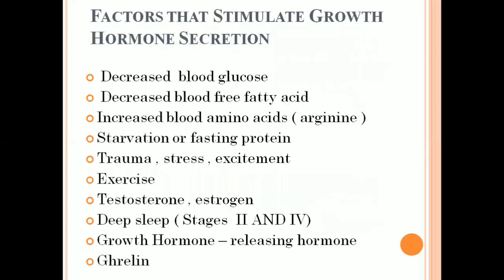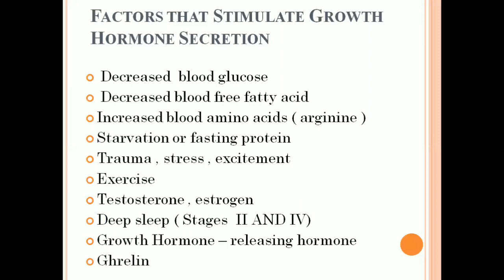Okay, next, the factors that stimulate growth hormone secretion. As I said, growth hormone increases blood glucose level, free fatty acid level, and amino acid level. Decreased levels of these will increase growth hormone secretion, and starvation, fasting, exercise, testosterone, and deep sleep will also increase growth hormone secretion.